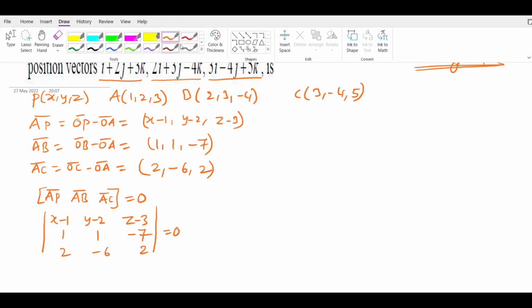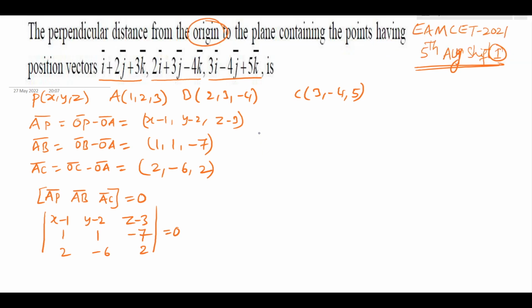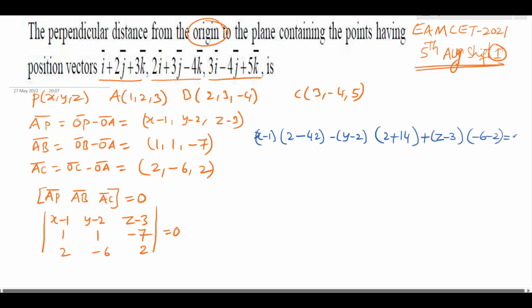So that is equal to, this is x minus 1 into 2 minus 6 into minus 7, this is 2 plus 42, minus of y minus 2 into 2 plus 14, plus z minus 3 into minus 6 minus 2 is equal to 0. This is minus 40 into x minus 1 minus 16 into y minus 2 minus 8 into z minus 3 is equal to 0.